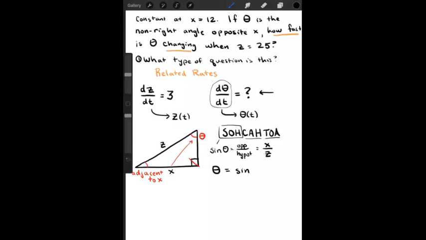And we isolate theta in this equation by taking sine inverse of both sides. Right. Now, if we want the derivative of theta with respect to t, which we do, that's what the problem was asking for, that's going to be the derivative with respect to t of the other side as well.